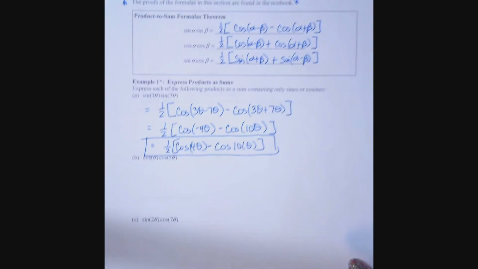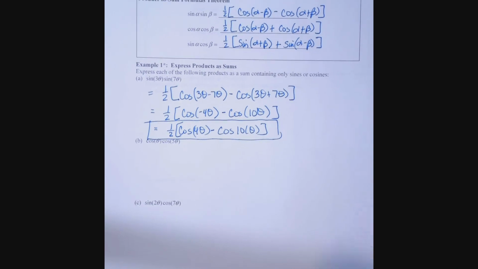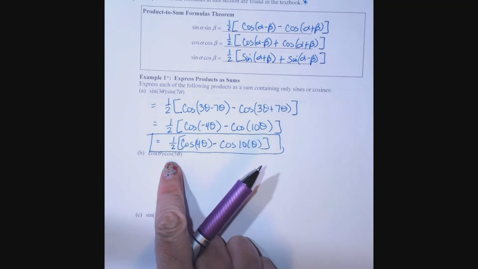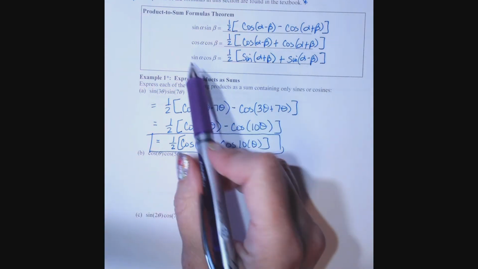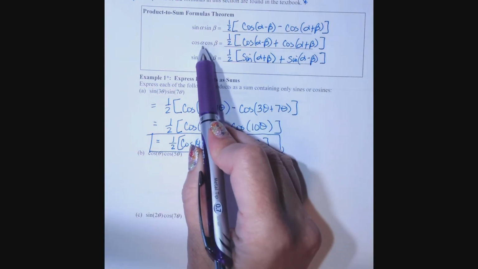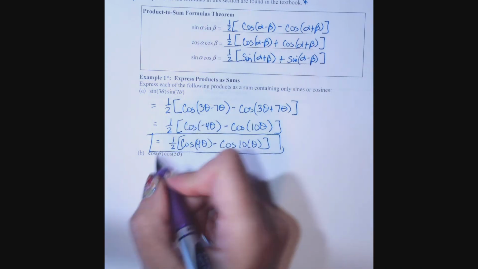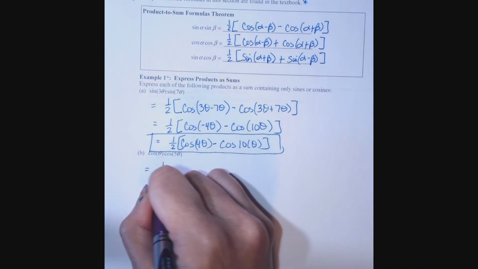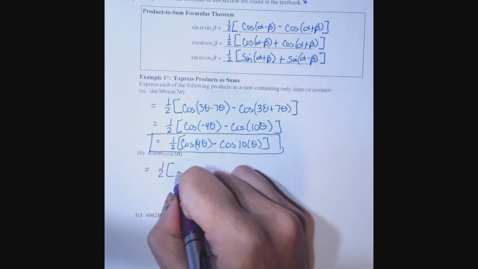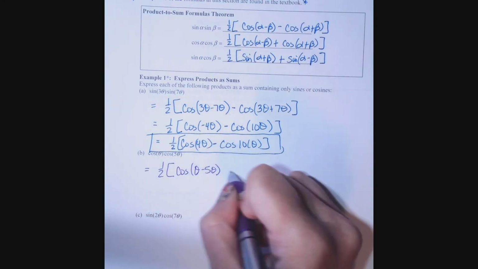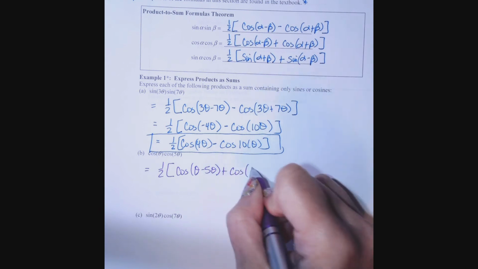All right. Let's look at the next one. Cosine theta, cosine 5 theta. I'm multiplying these. This is a product. We want to rewrite it, express it as a sum. We're using our second identity here where we have alpha and beta. This is alpha, this is beta. So that gives me 1/2 times the quantity, cosine of the difference, theta minus 5 theta, plus cosine of the sum.